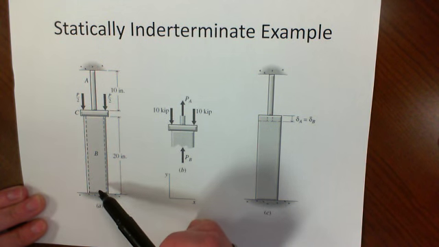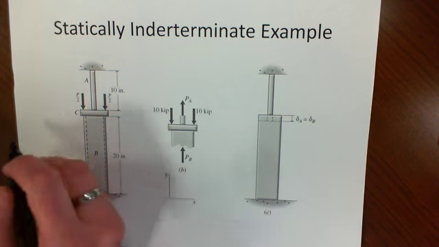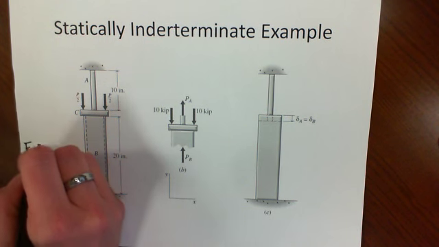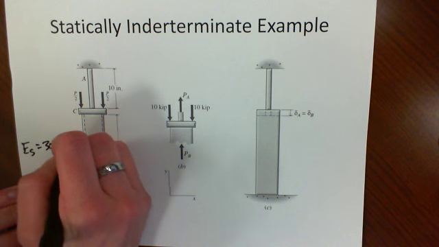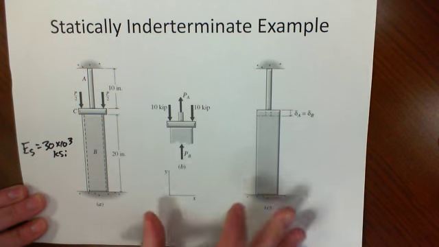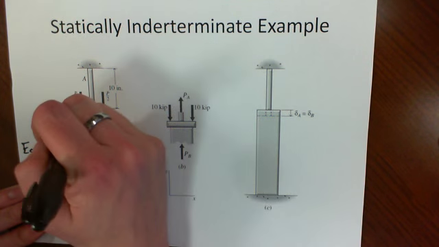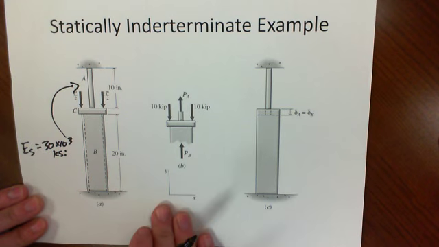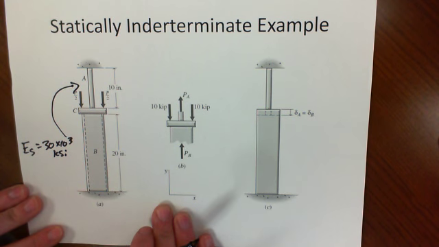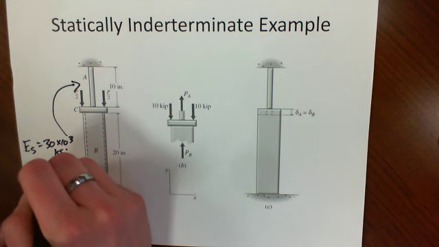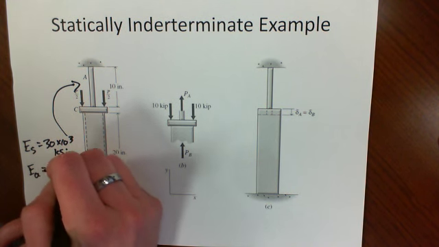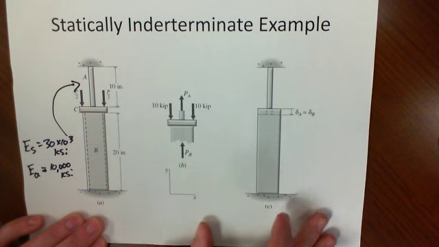So this rod down here. The E of this rod is 30,000 KSI. Oh, that's A. Sorry, this rod. And an aluminum alloy pipe B. So E_B is equal to 10,000 KSI.